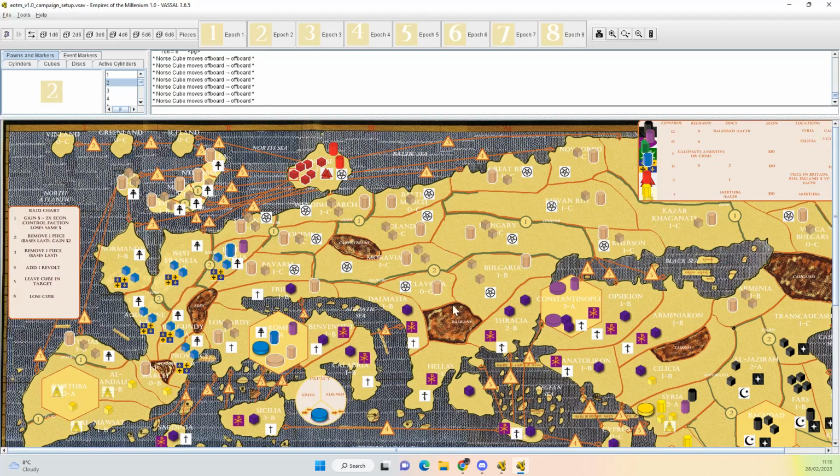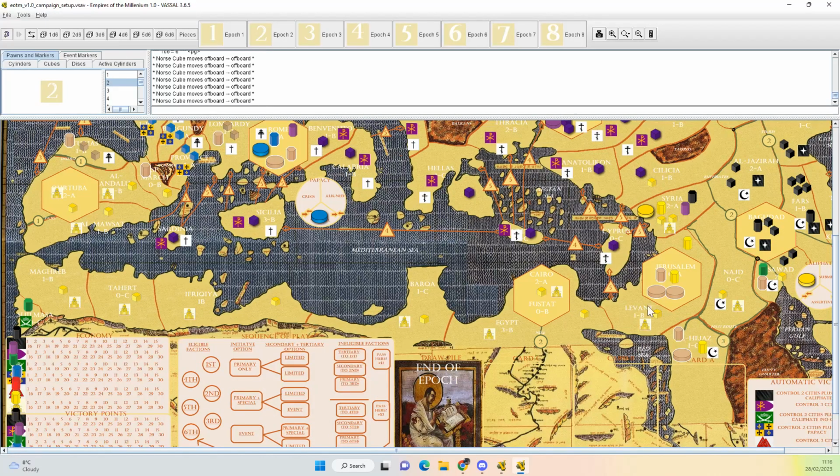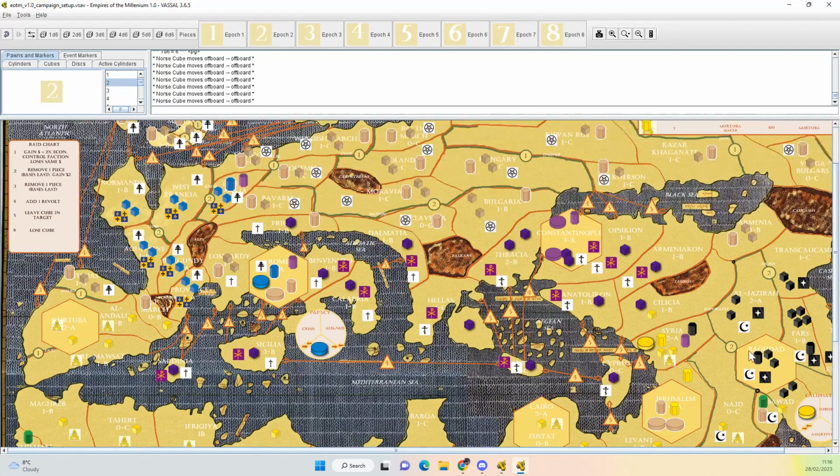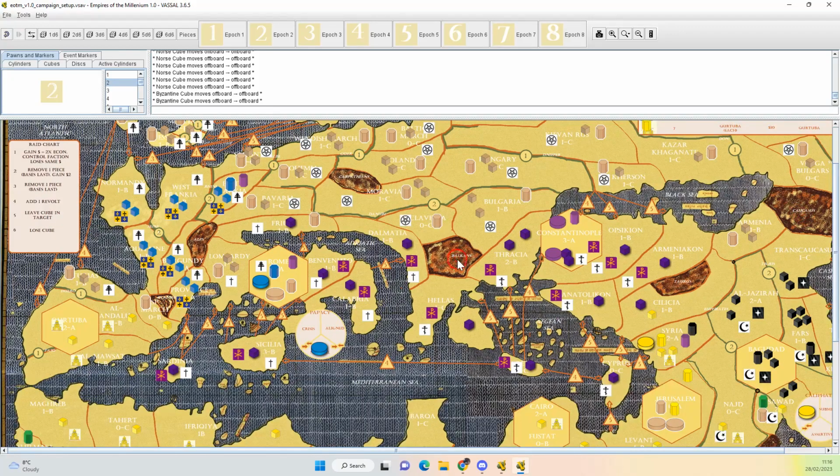And then the final area type are mountains. So we have the Pyrenees, Alps, the Carpathians, the Balkans, the Taurus, the Caucasus, and the Empty Quarter, a desert area, but I just call it mountainous. Those locations are not playable, so you can't move in there, but they are adjacent, and there are some event cards that might trigger things like adjacent to the Caucasus or adjacent to the Balkans.